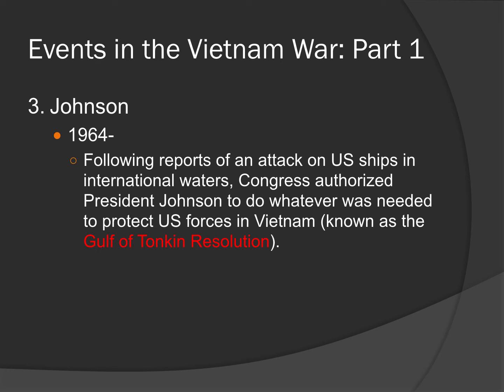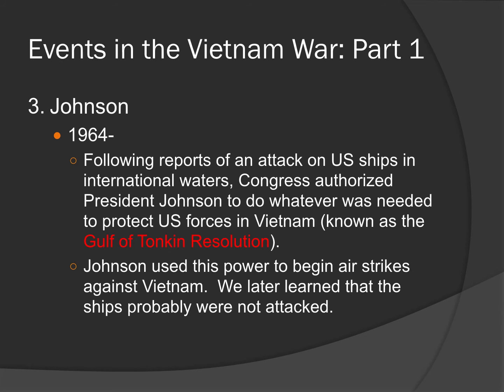So it pretty much gave Johnson a blank check to do whatever he felt was necessary to protect our forces. So Johnson used that power to start a bombing campaign, massive amounts of airstrikes against North Vietnam. And then later on, we learned that actually that second attack had not occurred.